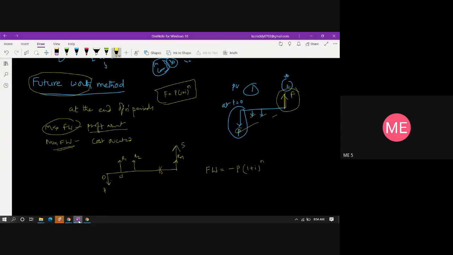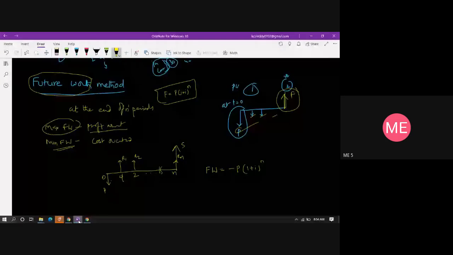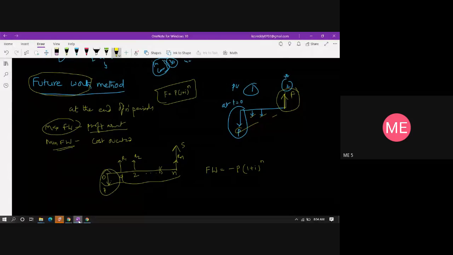So this is 0, and 1, 2 and so on up to n years. Plus R1, because 1 year is over, so it is left with n minus 1 years.